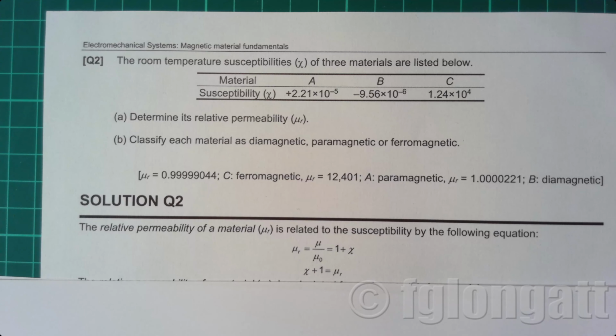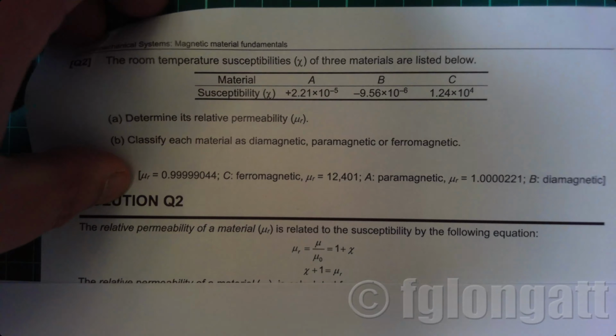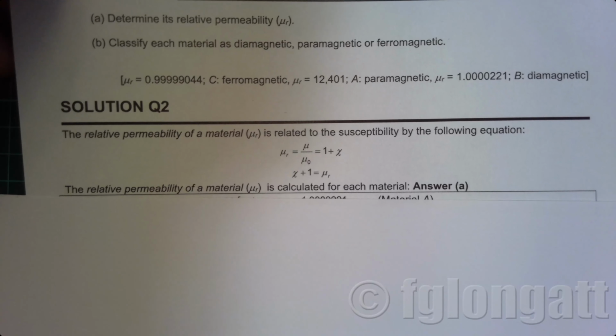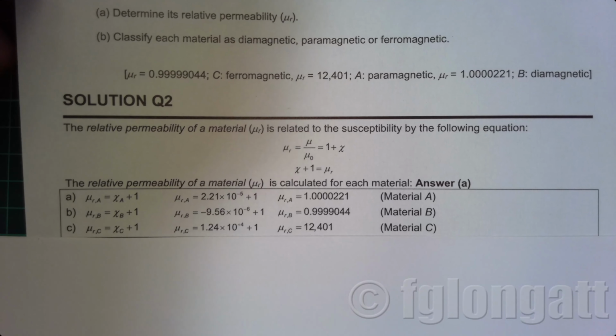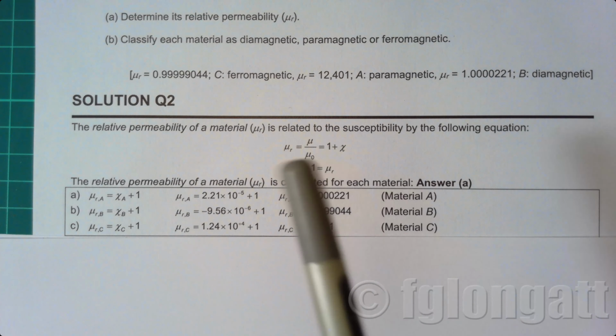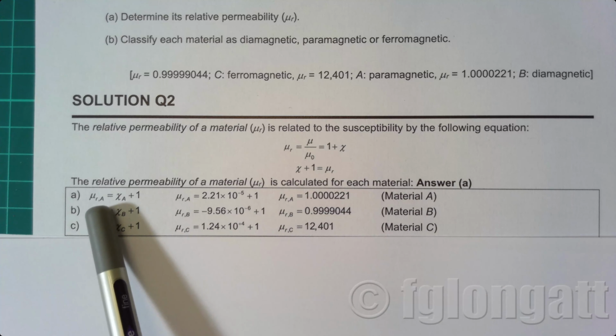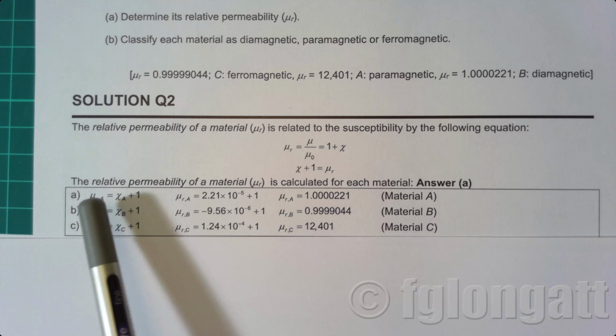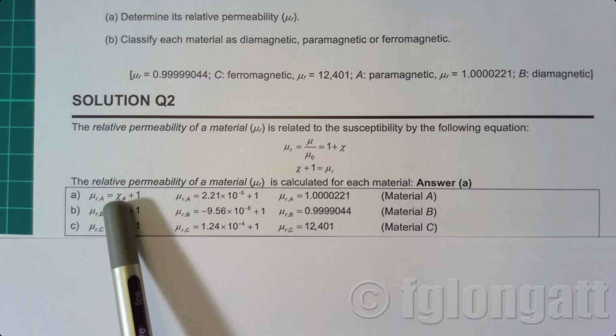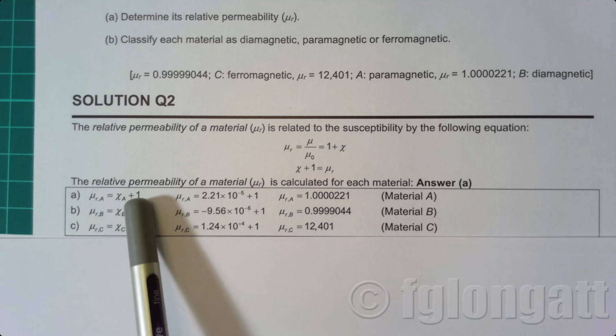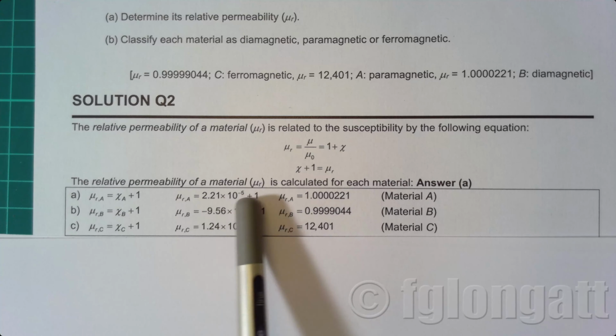Now the next step is just to apply the numerical substitution for those three different materials. We apply the equation for material A: the relative permeability is the susceptibility of material A plus 1, with the numerical substitution coming from the table.